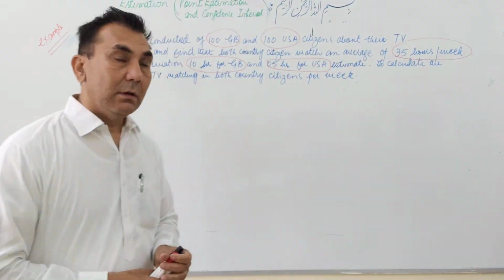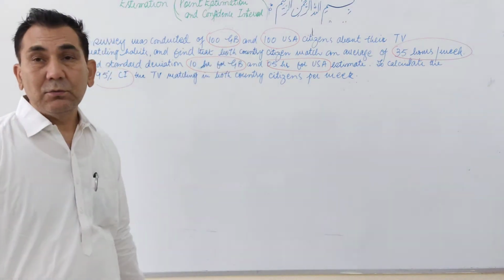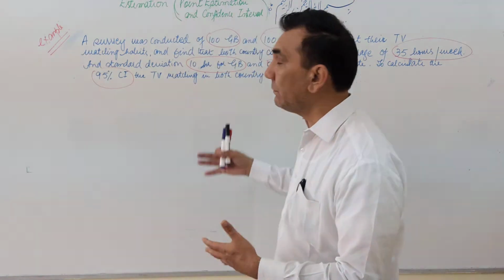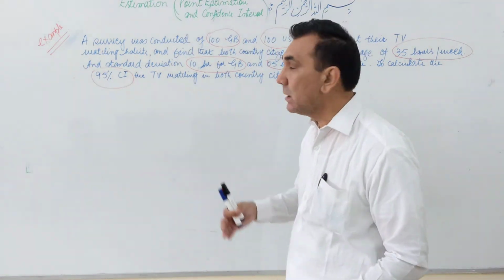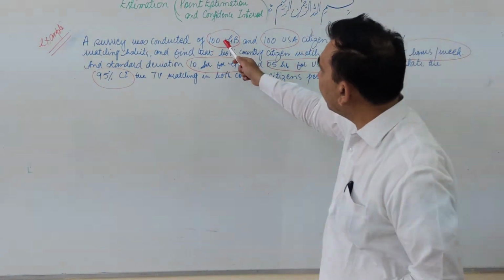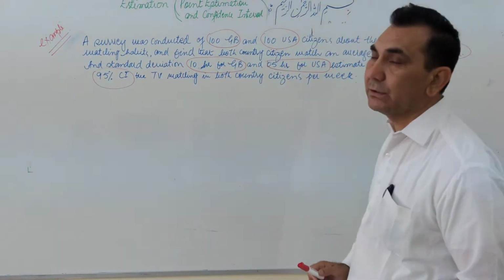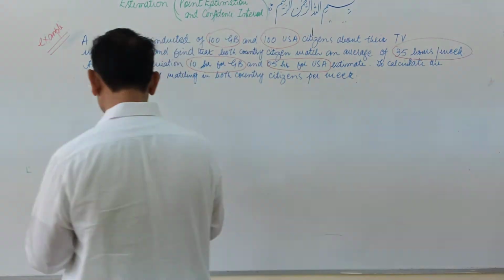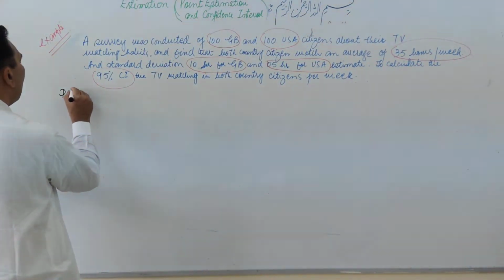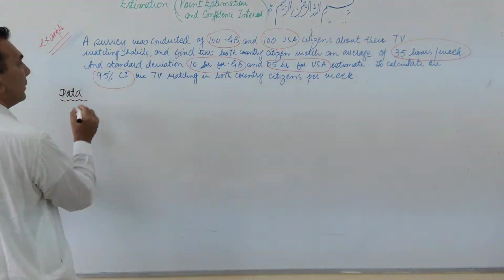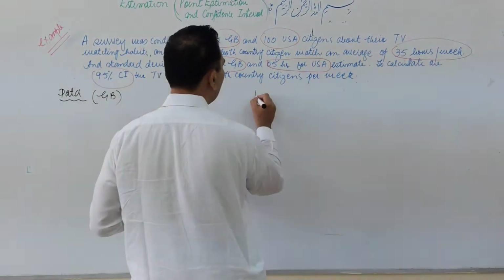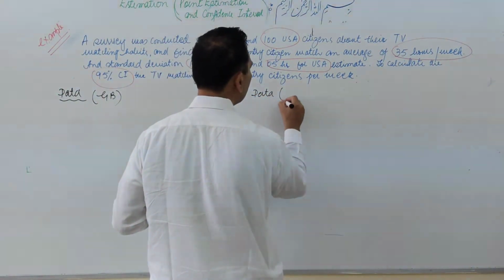Now we will draw the data from this numerical: the data for Great Britain and the data for the USA.